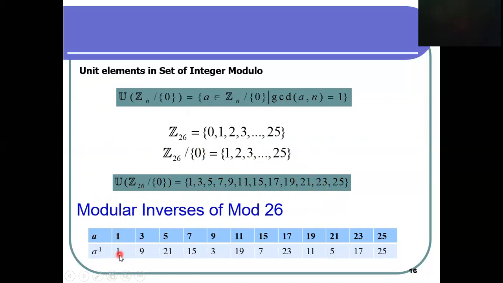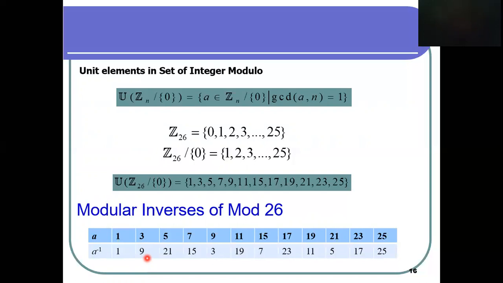So the inverse of 1 is 1, and the inverse of 3 under mod 26 is 9, because if you multiply 3 into 9, you get 27, and if you divide 27 by 26, you will get remainder 1.